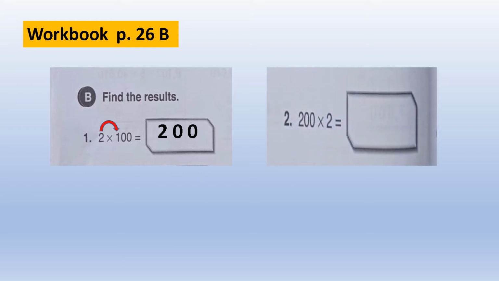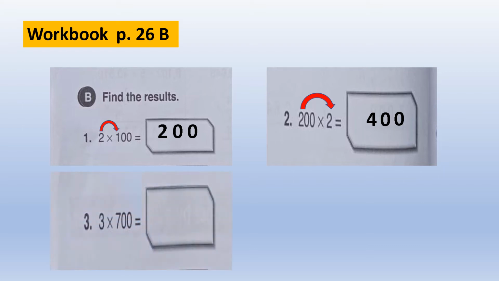Number 2, it's the same. Just multiply 2 and 2, that is 4, and then add two zeros. So you say 200 times 2 is equal to 400. Number 3, it's the same. So 3 times 7 is equal to 21, and then add two zeros.